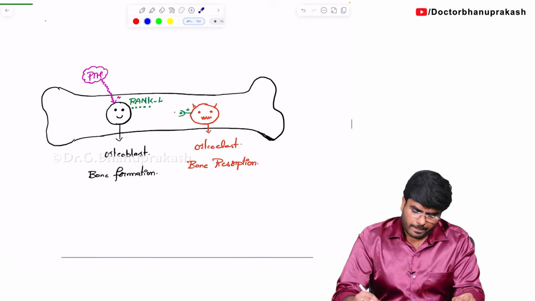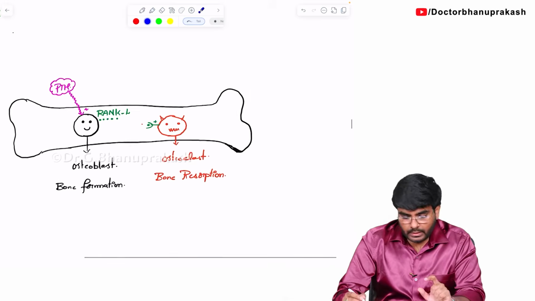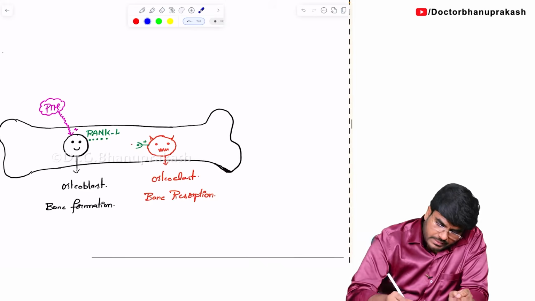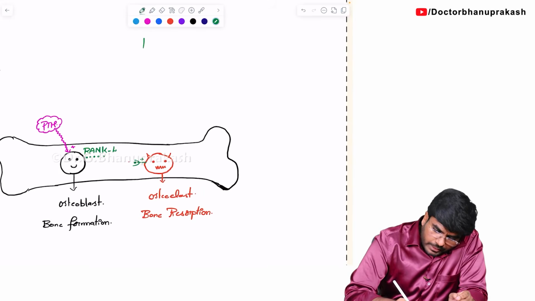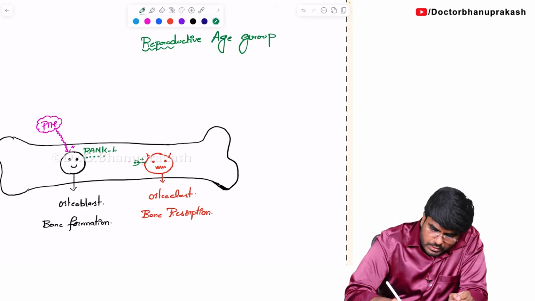Now, I want to add one more important hormone regulating the osteoclastic activity. See, in a reproductive age group female, what happens?